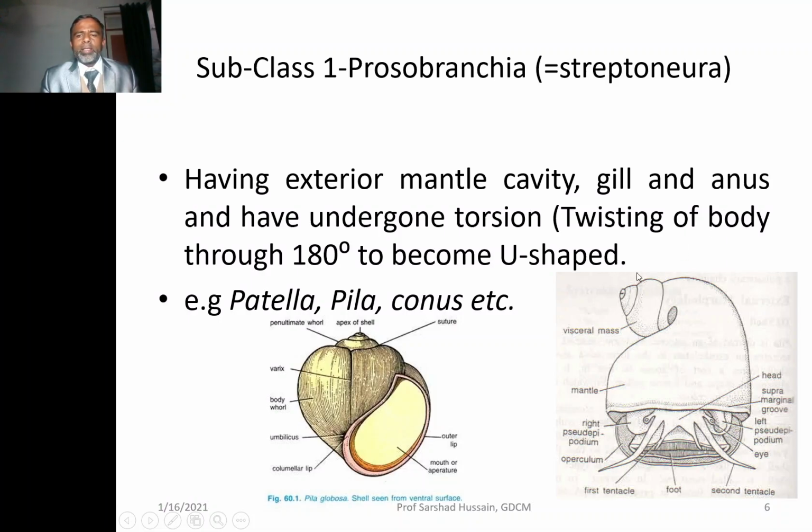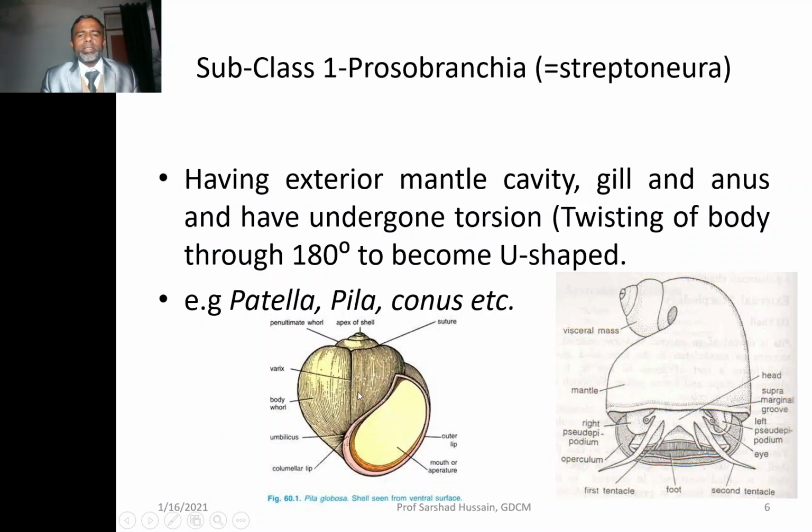And you can see the spirally coiled body is there. It is because of the twisting of about 180 degrees, you can say. And it gives a U shape because of the head and the foot, so it is a U-shaped body, you can say. Look at this picture. This is the upper lid, you can say. The foot is taken inside, and when the animal wants to take the foot outside, the upper lid is removed, and the rest is the shell, the coiled shell.